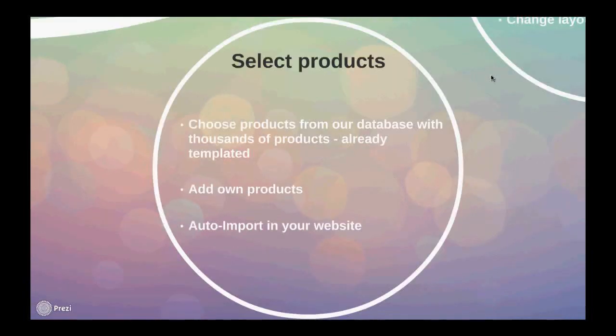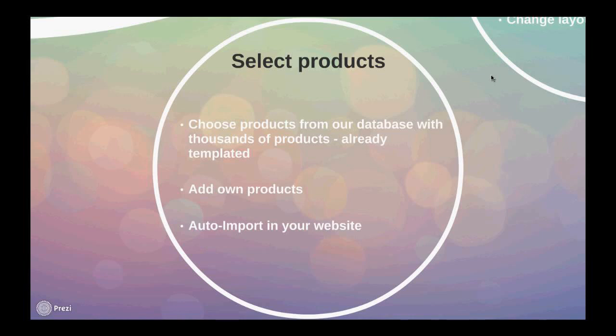So once the app is integrated in your existing e-commerce website and you have chosen your app layouts, then you need to select products. The nice thing is that we can deliver you a database with thousands of products already. We have more than 100 fulfillers and suppliers using our system already, and all the products are in our database, so you can use this database.